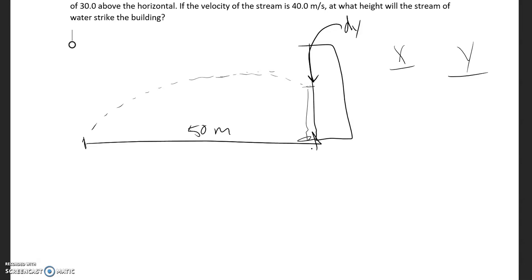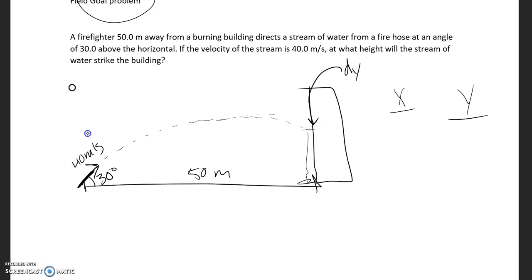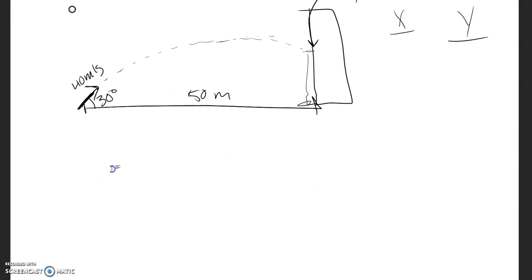First off, let's find the initial velocity. This is going 40 meters per second, and the angle is 30 degrees above horizontal. We have VIX, which we can solve with 40 cosine 30.